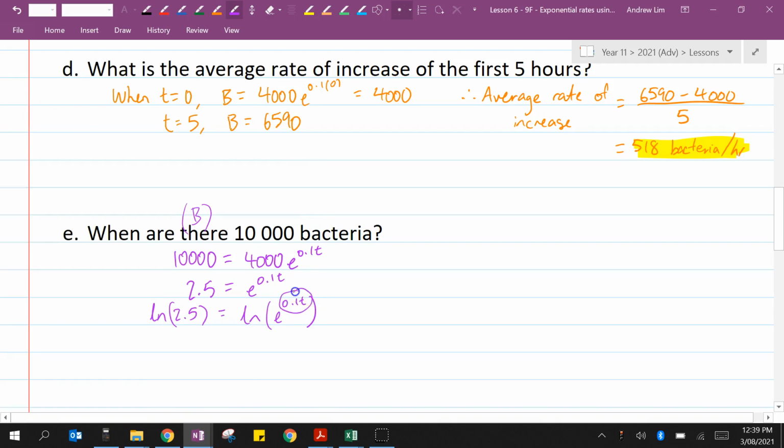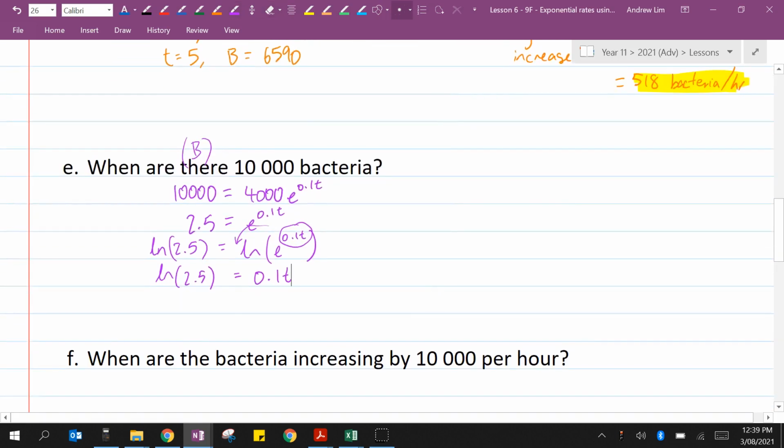That means that this power can come down to the front. So let's just write that out. ln of 2.5 is equal to 0.1 t ln of e. But ln of e is just 1, right? Log base e of e, that's just 1. And so now we can say that t is therefore equal to ln of 2.5 divided by 0.1.